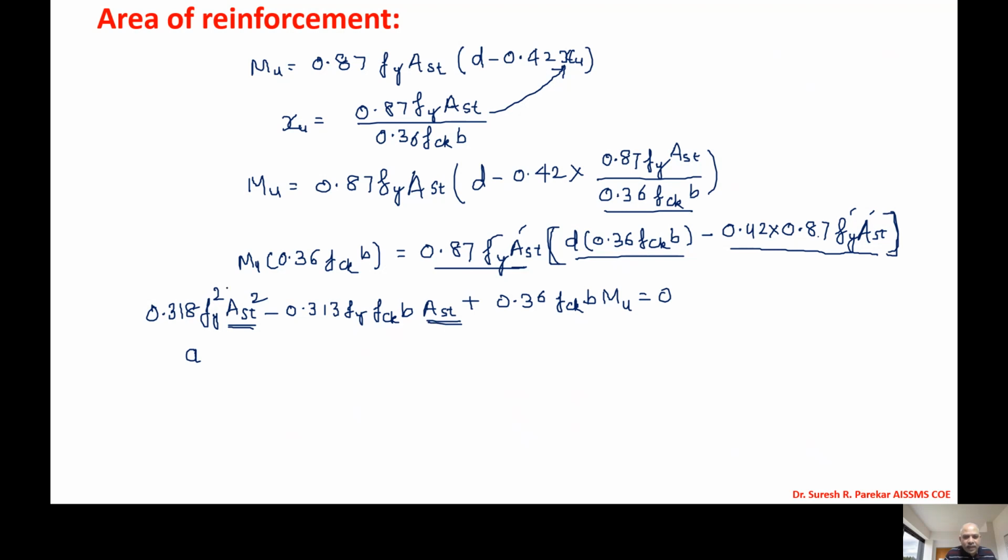And in this, this will be my value of A, which will be equal to 0.318 into fy square. Value of B we have this one. So we have B equal to minus 0.313 fy fck into b, and C value I have 0.36 fck b into Mu.